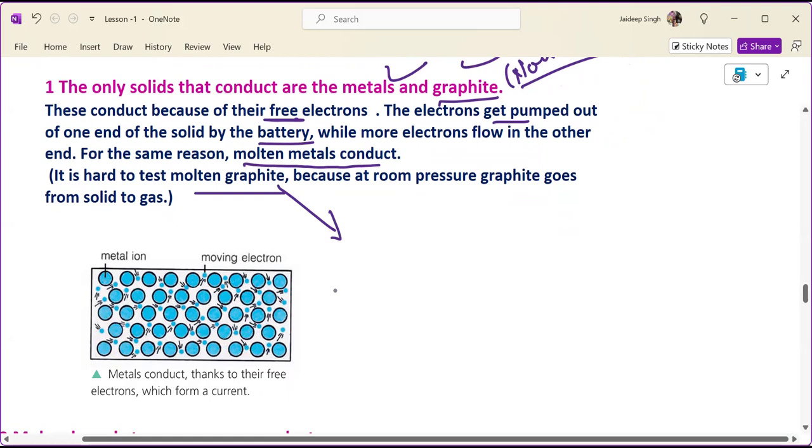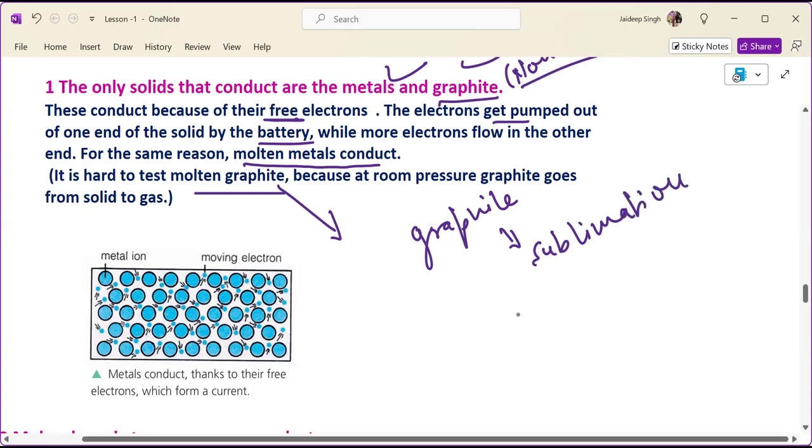We cannot test molten graphite because we cannot melt graphite. Graphite sublimes. What does it mean?